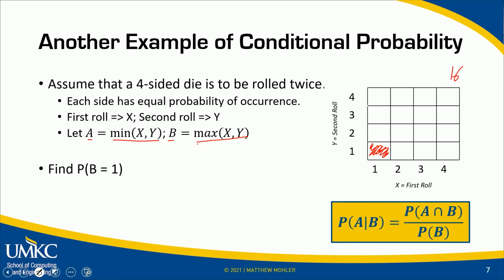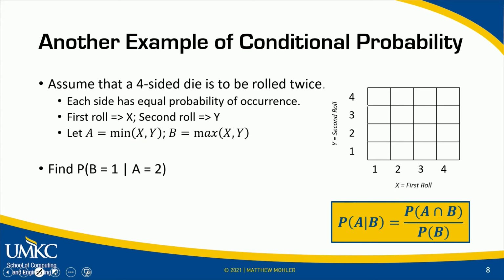And this, again, if you're not sure where I'm getting that, you might want to go back and review lecture 1. But this right here, we're looking at 1 out of 16 possible outcomes. So the probability that B is equal to 1 is just 1/16.